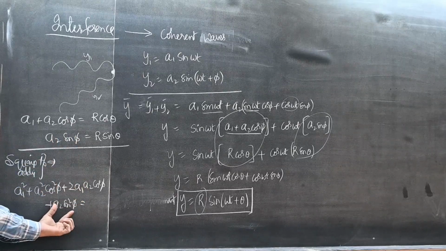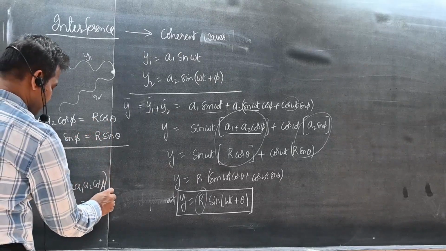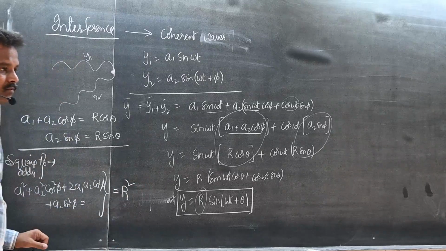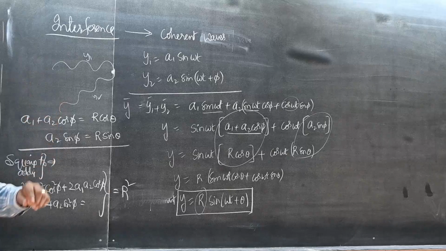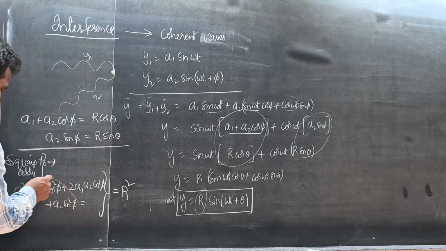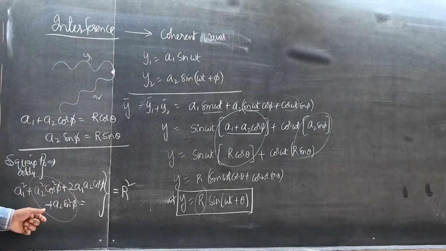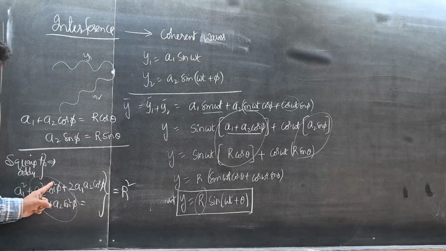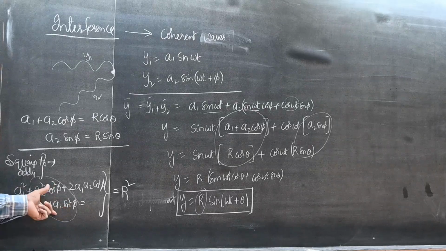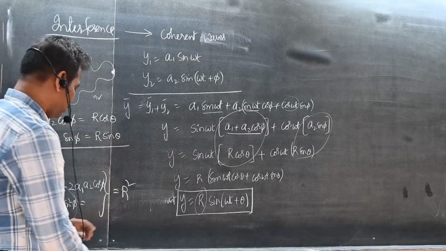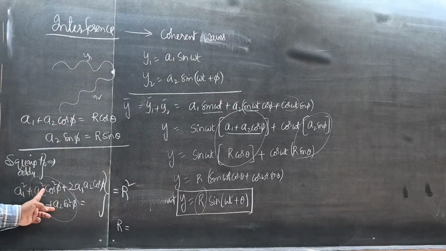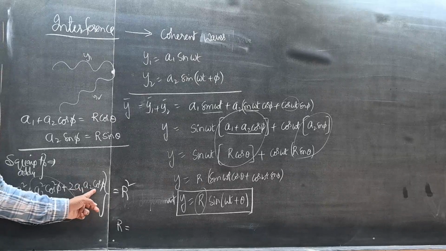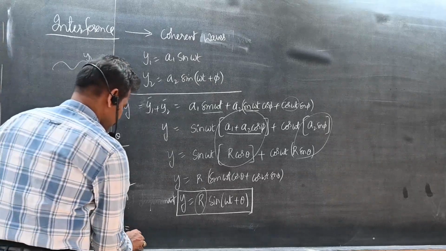Right side: R square cos square theta plus sin square theta, how much? A2 square cos square phi plus A2 square sin square phi, how much? Just A2 square. So now what is R square, students? A1 square plus A2 square plus 2 A1 A2 cos phi. So what is R?